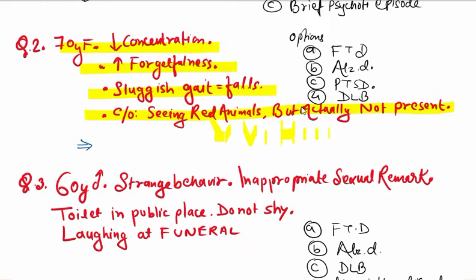So this is dementia with Lewy body. She can see somebody who is actually not present. Here is the mnemonic: body. So visual hallucination is one of the striking features of dementia with Lewy body.